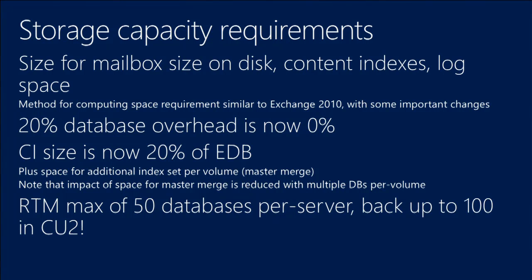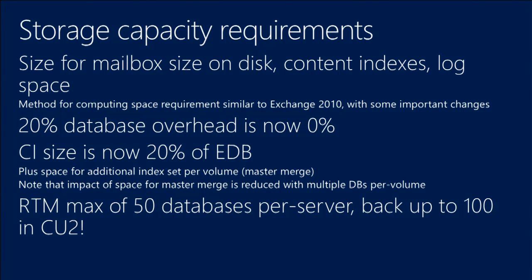You just double one of those index sizes, and that's all you need for that type of deployment. The reason being, on a particular volume, we'll only do master merge for one database at a time. So that is a very good reason for considering multiple databases per volume. It significantly reduces your storage requirements.